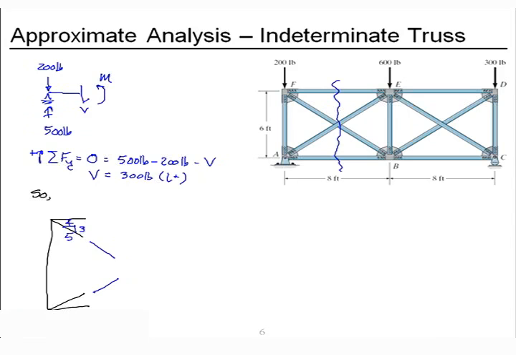Now, we said that we're going to take the net shear at the cut and divide it up so that each of these two diagonals carries half. Well, if this diagonal, the top one, BF, carries downward force, it must be in tension. And if diagonal AE carries downward force, it must be in compression.